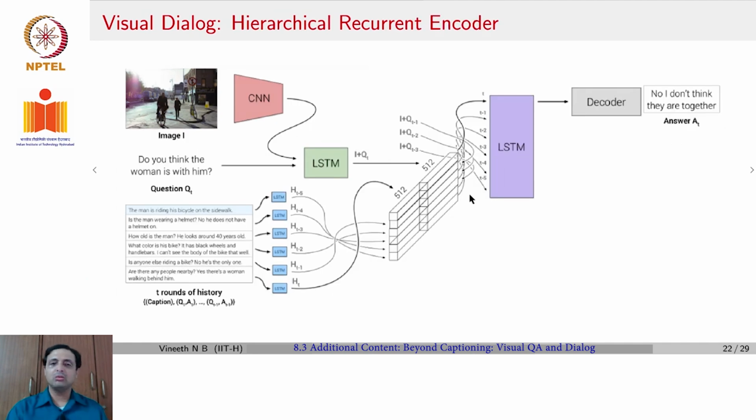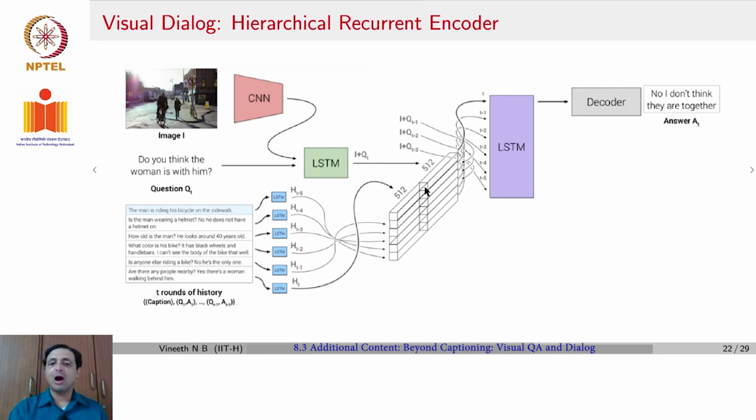Another kind of encoder is a hierarchical recurrent encoder, where once again an image goes through a CNN and gets a representation. The current question goes to an LSTM, but now this LSTM also gets the image representation as input. Then each round of the dialogue history goes through one instance of the LSTM and you get different representations for each step in history.